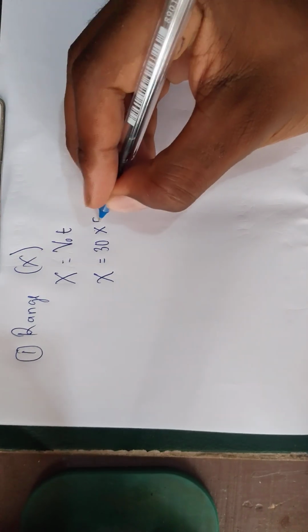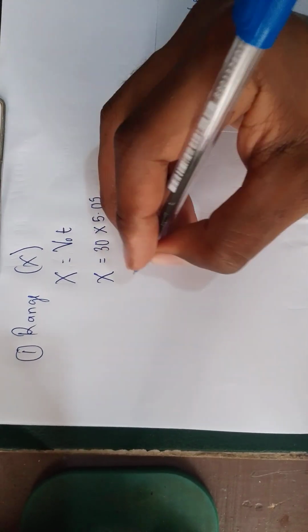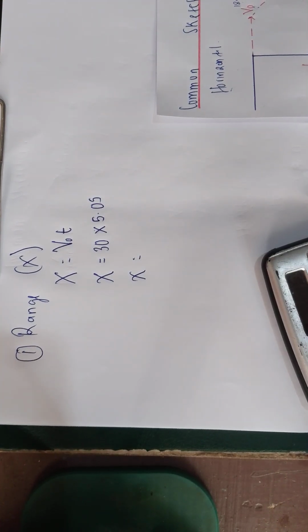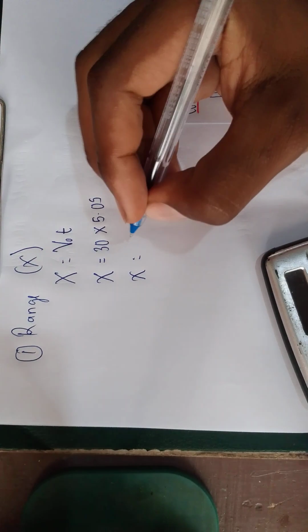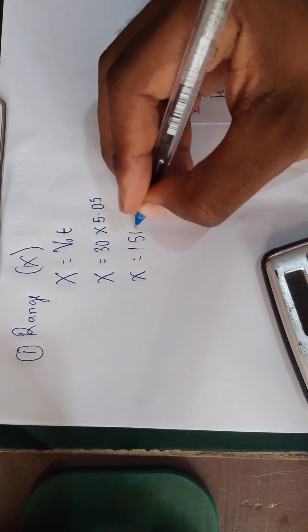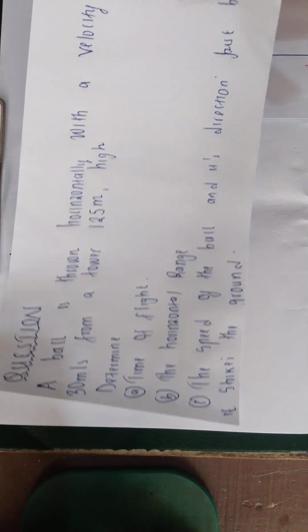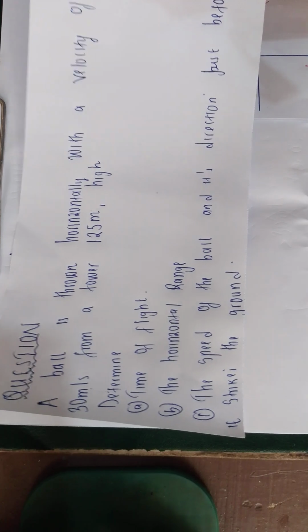So times 5.05. So meaning the horizontal range in this case is going to be 30 multiplied by 5.05, and you'll get 151.5 meters. So that's how you determine the horizontal range.